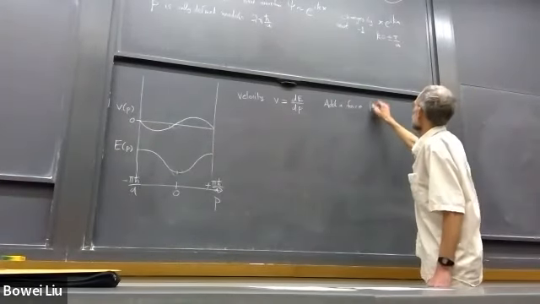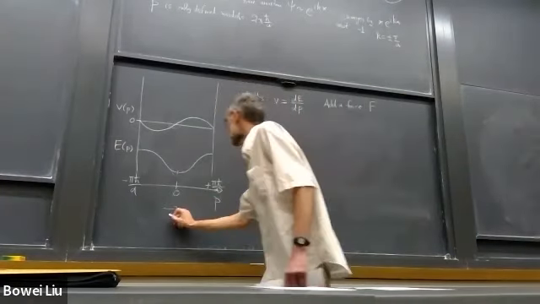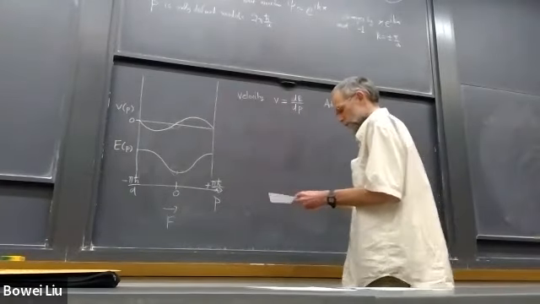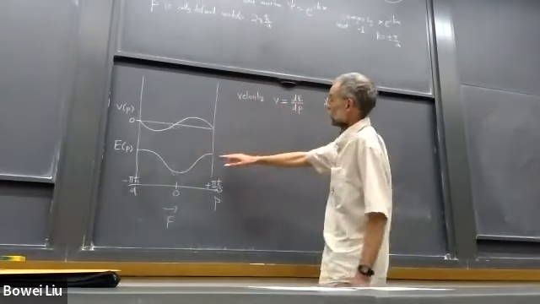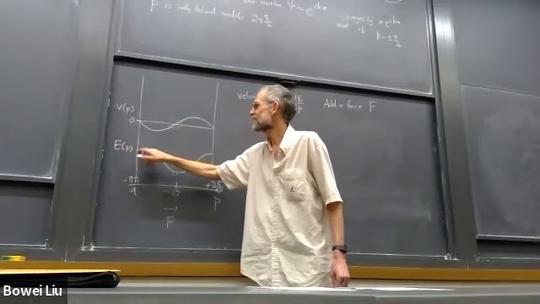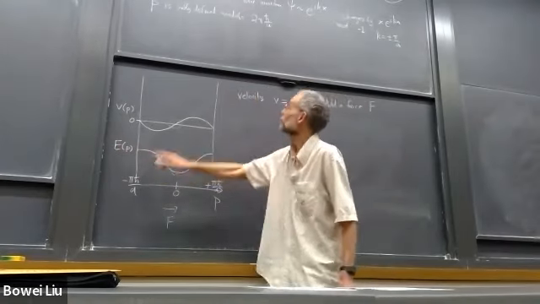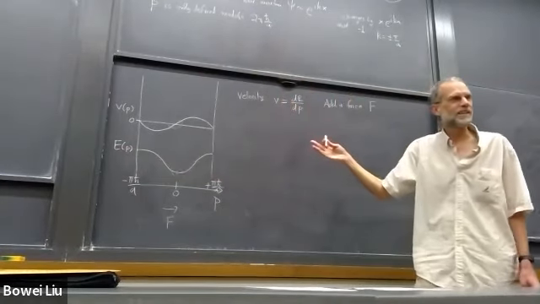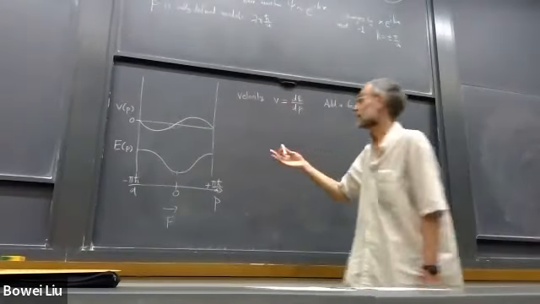So we're going to add a force F going in, say, this direction. Once we've accepted that our particle has this energy as a function of momentum, as well as this momentum, which is only defined modulo 2 pi over h bar, coming from quantum mechanics, once we add the force, we can just do classical mechanics.